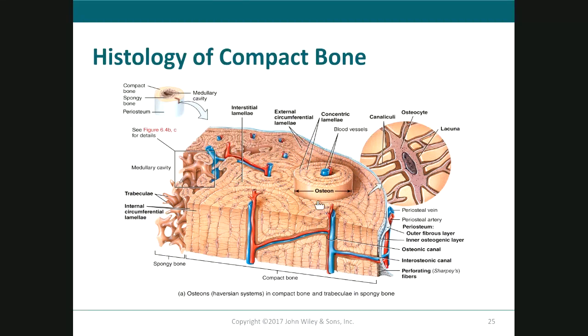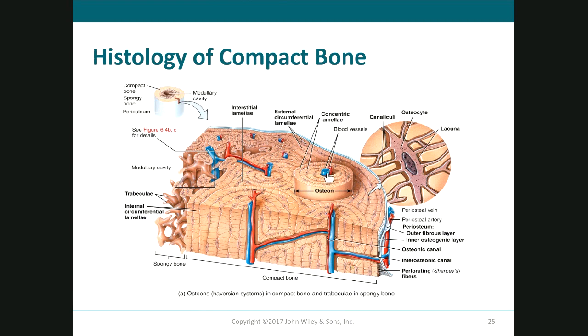So in this image here, let's look at the osteon. These are the units of osteons that exist within the compact bone. In the center of the osteon, we have these central canals, and they run longitudinally through compact bone, bringing blood vessels and nerves into the bone.